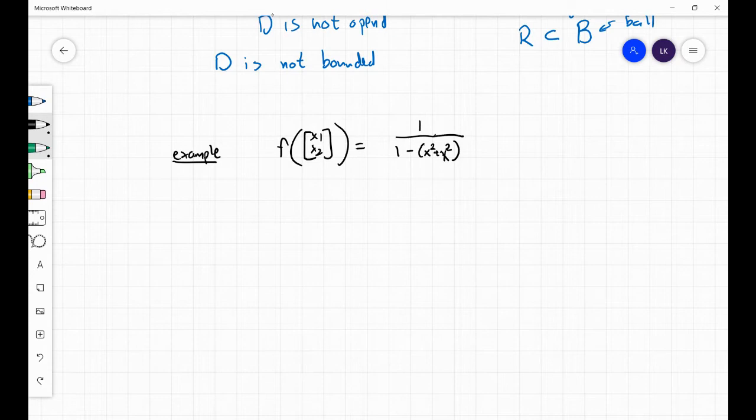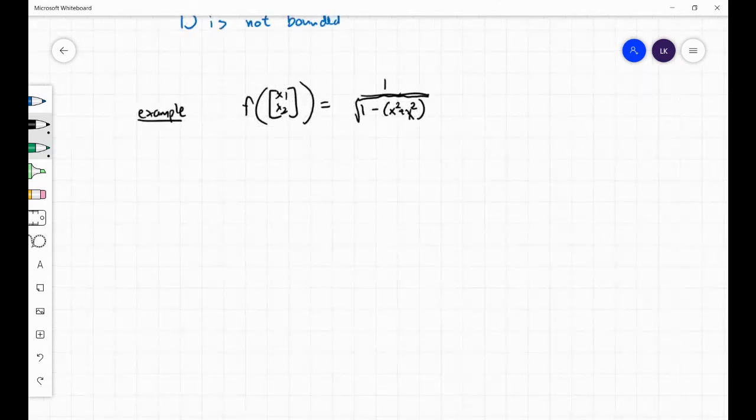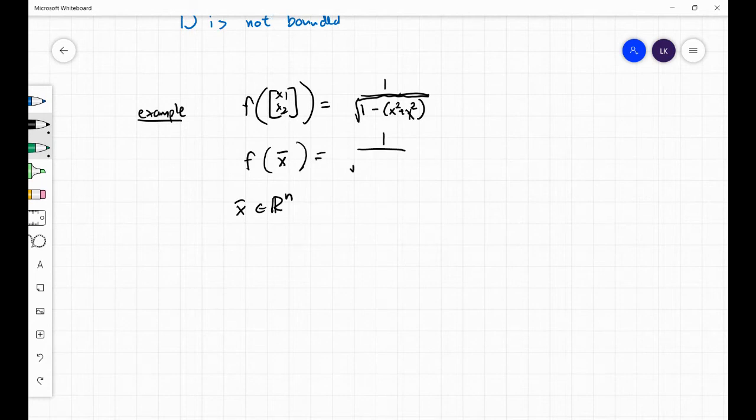Essentially, I could have made this more general and just said we have a scalar field on R^n, and this is defined by 1 over the square root of 1 minus the magnitude of x squared. So more generally.